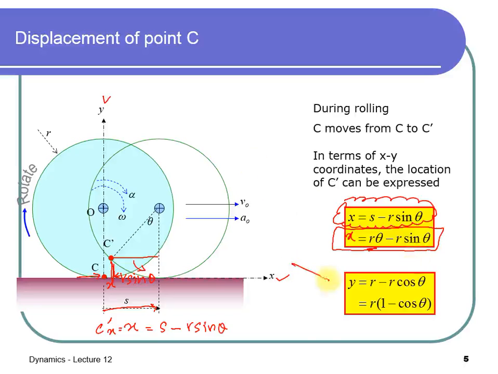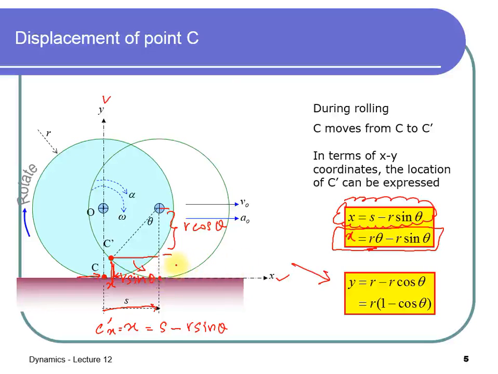Okay, let's see the y position. We know that this is r cos theta. Then the distance from the center of rotation to here is r.